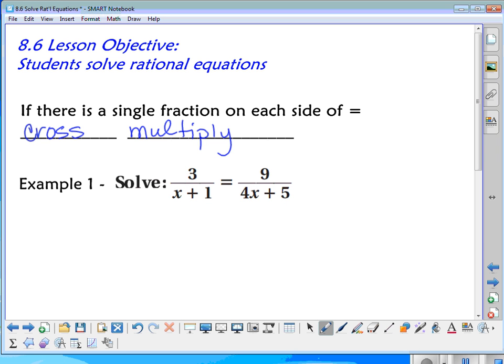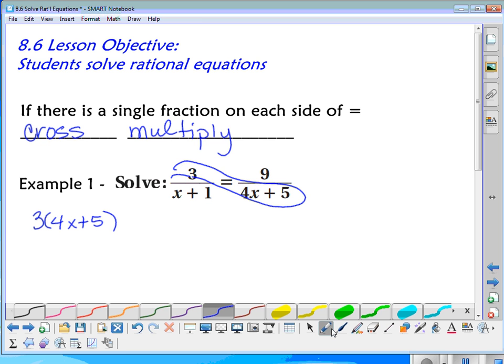So for example 1, we've got 3 over x plus 1 equals 9 over 4x plus 5. So I've got one fraction on the left, one fraction on the right. I can cross multiply. I can take 3 times the 4x plus 5 and write it with parentheses so you remember to do the distributive property.